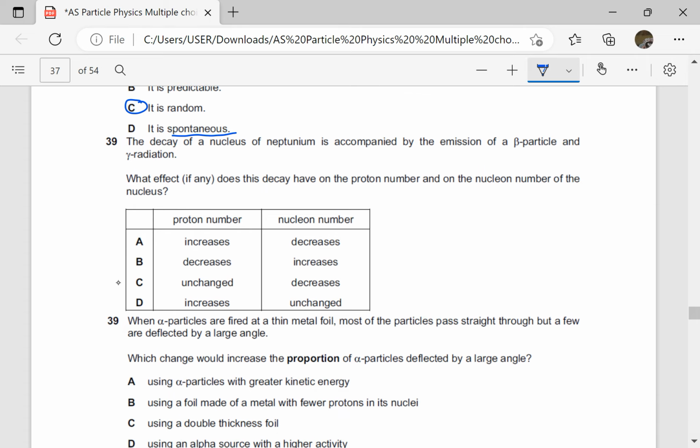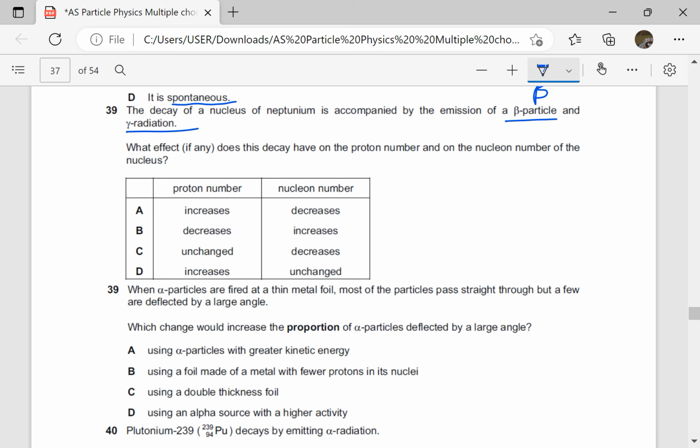The decay of a nucleus of neptunium is accompanied by emission of a beta particle and gamma radiation. I said whenever it is a beta particle without mentioning plus or minus, it is always beta minus. What effect, if any, does this decay have on the proton number and on the nuclear number of the nucleus? Gamma radiation does not affect the nuclear number and proton number.